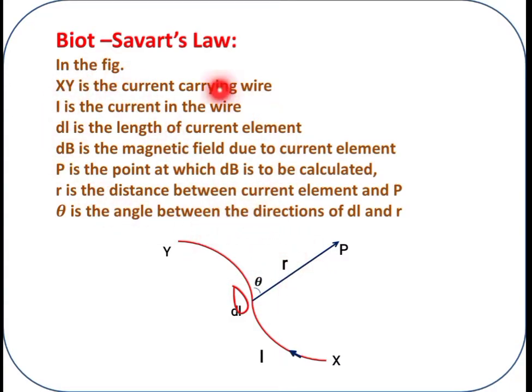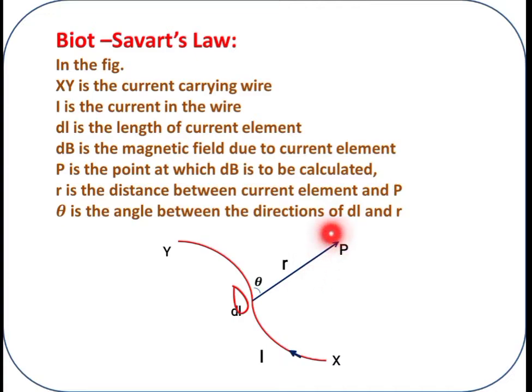The same explanation is given here. XY is a current carrying wire, I is the current in the wire, dl is the length of the current element, and dB is the magnetic field due to the current element. Current passing through this element means the surrounded area acts as a magnetic field, and that magnetic field is denoted by dB. P is the point at which dB is to be calculated.